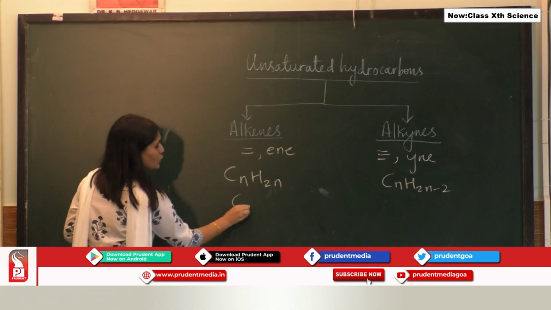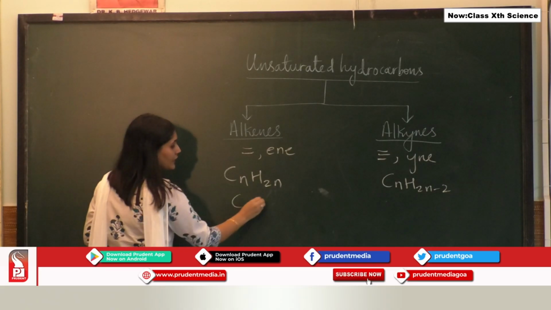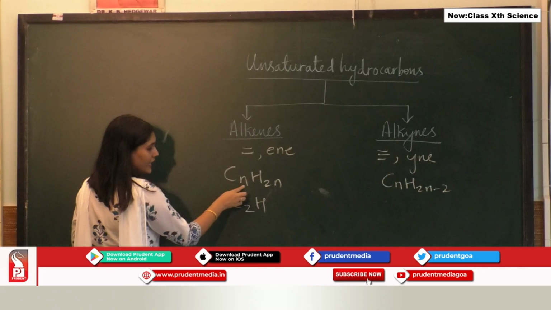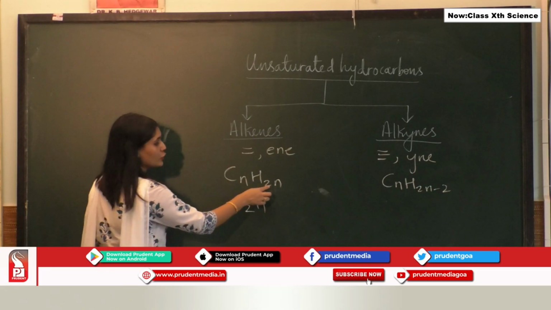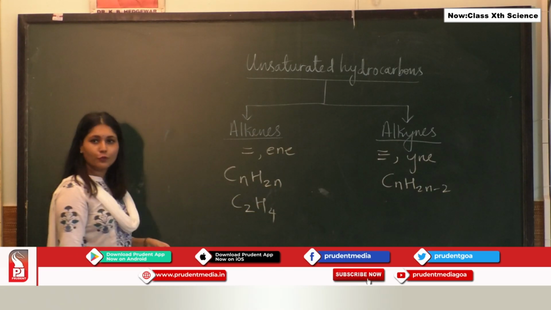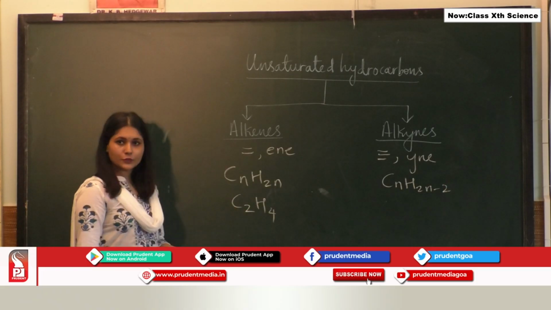So if I am having 2 carbon atoms, what will be the number of hydrogen atoms? n stands for the number of carbon atoms. So 2 multiplied by 2 I am going to get 4. So what am I getting? C2H4. Okay.